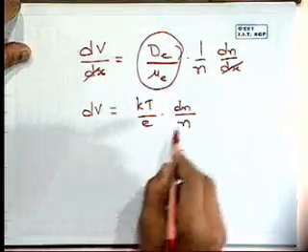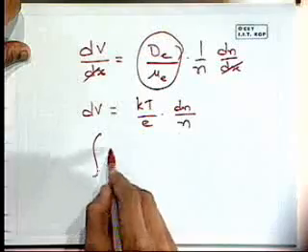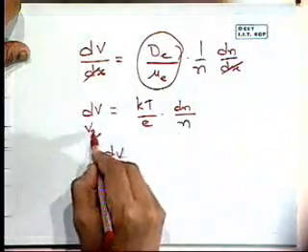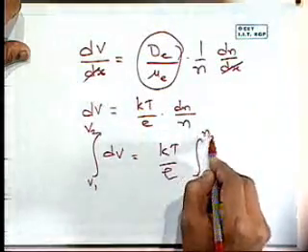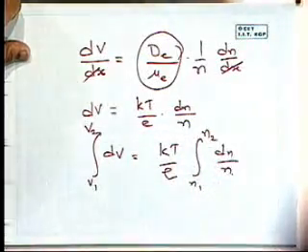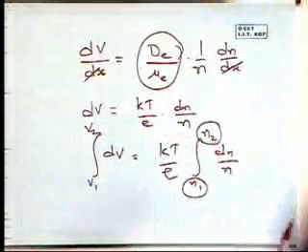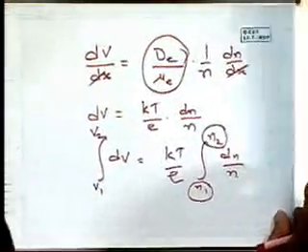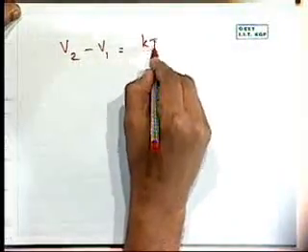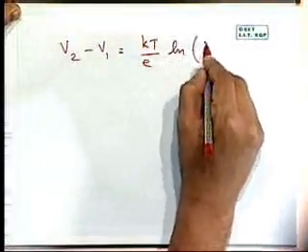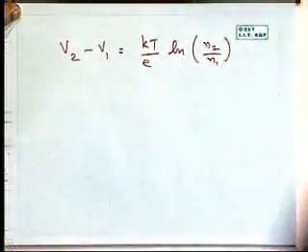which I can then integrate from N1 to N2, dn/n, to determine what will be the potentials at positions where the concentrations are N1 and N2. So we'll then get that V2 minus V1 is equal to kT/e times the natural log of N2 by N1.